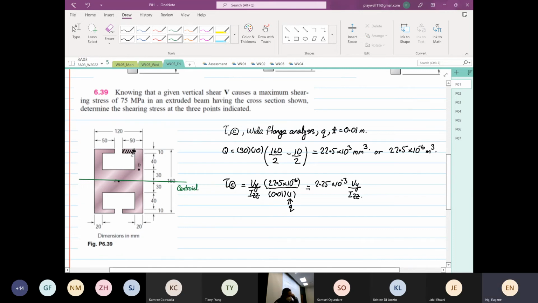Where is the thin wall section? Anywhere above this region is called thin wall, and within this region is non-thin wall.